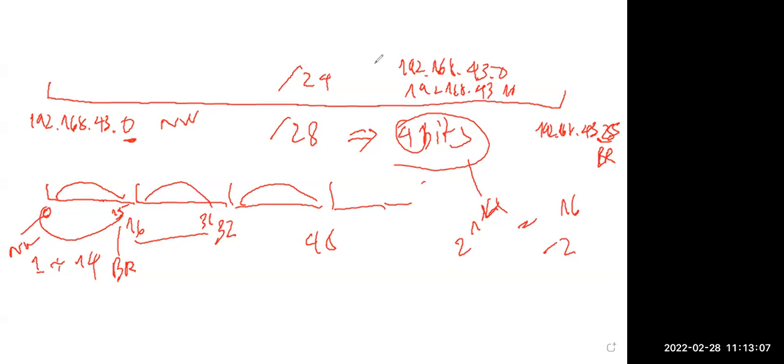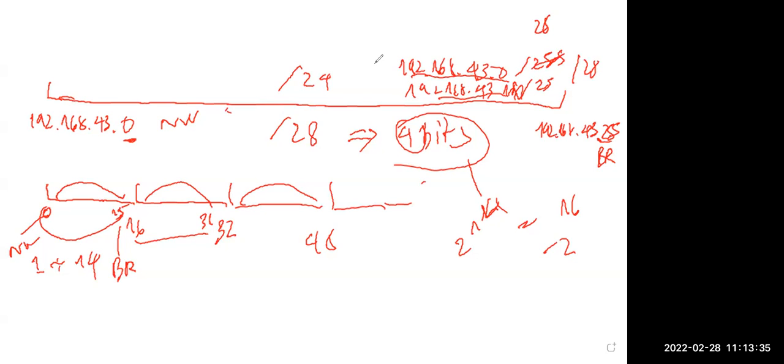If I put 255 here and you put 255 here, it's a huge range, so they overlap. Both of them actually belong to the same network, not two networks. Only when you convert to slash 28 here and slash 28 here are they separate. Got it or not?